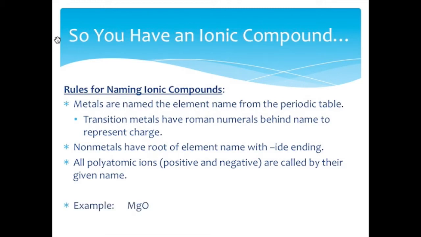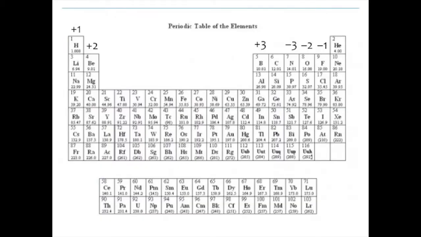MgO. Magnesium, the symbol Mg, we need to determine if that is a transition metal. So let's look at our periodic table. Time to find magnesium. Well, if we look, magnesium is element number 12, which means it is located on the left side of the periodic table in column 2.